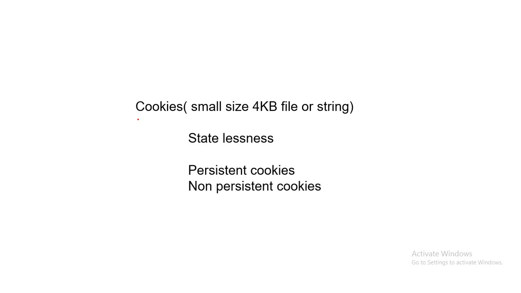We have also discussed cookies. Two types of cookies, persistent and non-persistent, same as HTTP. Persistent cookies store the data permanently, so whenever a user opens the browser, the user will get that particular data.